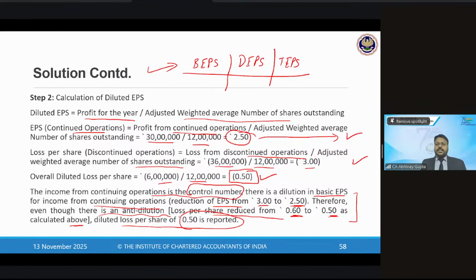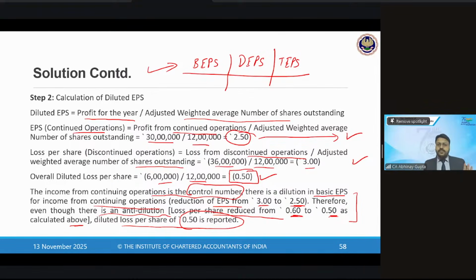Now the standard says which earning per share is our control number? Basic, right? So the standard says basic earning per share is our control number. If basic earning per share after adjustment of the dilutive instruments is getting reduced if it was positive, or getting increased if it was negative.